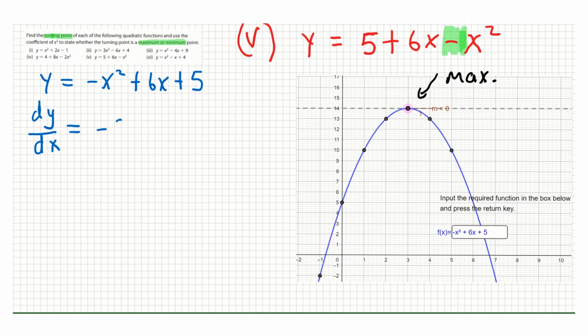So we will get minus 2x plus 6, and we let that equal 0, because the slope of the tangent at the maximum or the minimum turning point will always be 0. We'll look at that a little more in the diagram in a second.